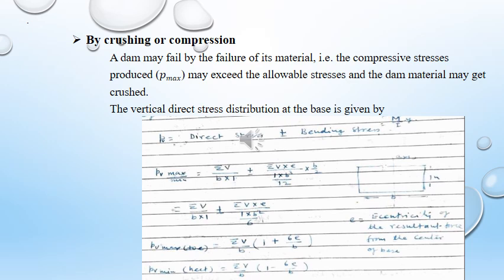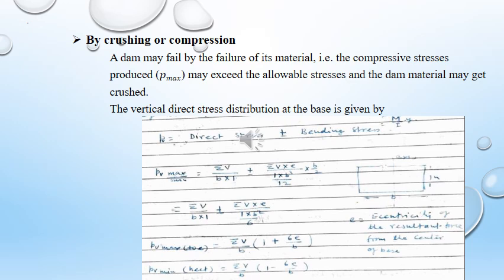So, P_b means direct stress, that is vertical force or vertical load divided by the area, B into 1, plus or minus the moment, that is summation of V into e, moment divided by I. Here this is the CG, the center axis of the CG that passes horizontally.